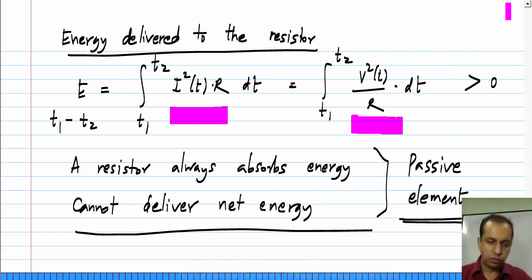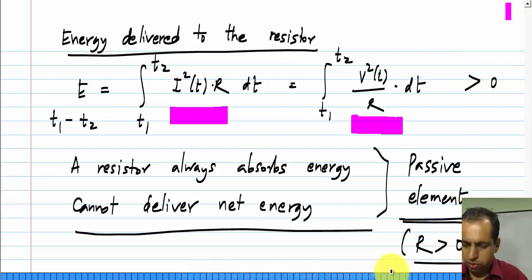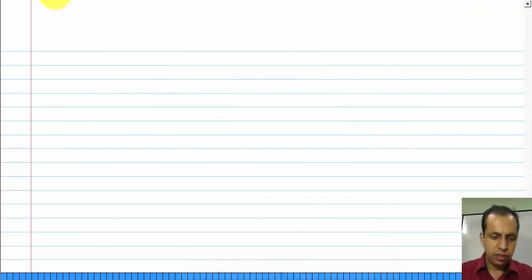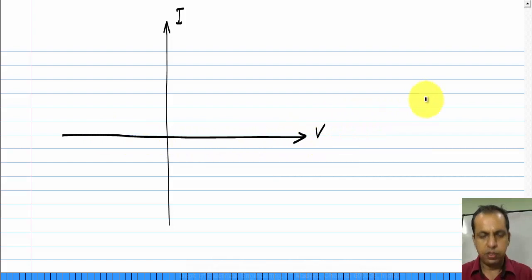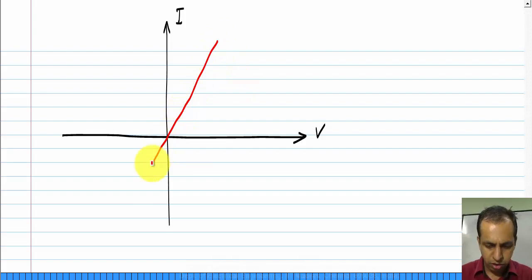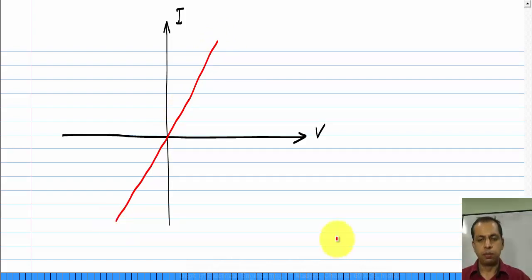So, here I have to mention that we consider R more than 0. Such an element is known as a passive element. We can also see graphically, if I plot the IV characteristics of a resistor, this we have done earlier while discussing the resistance.